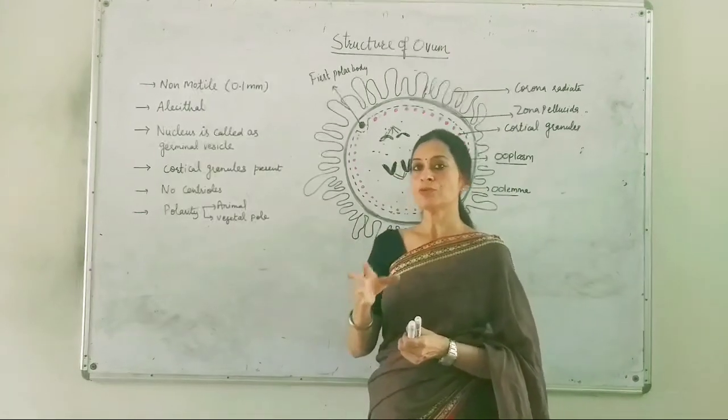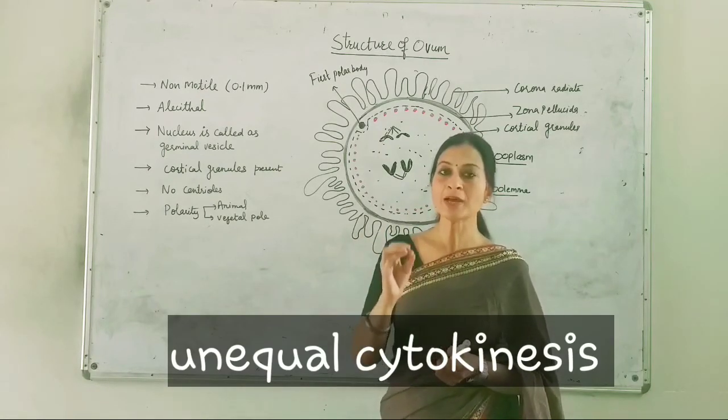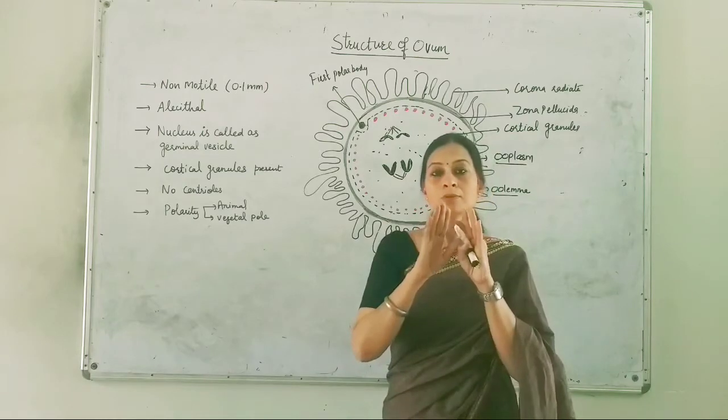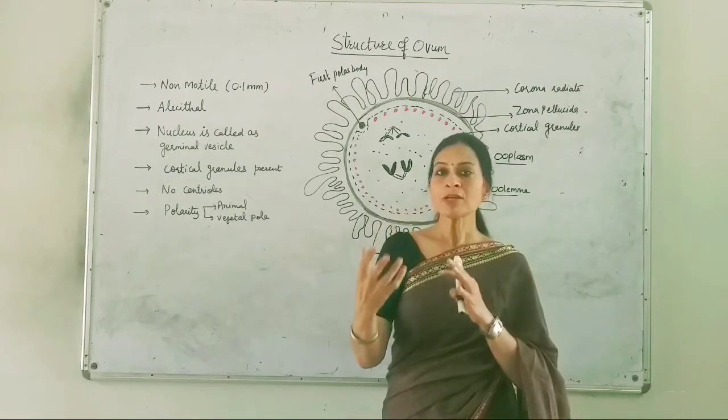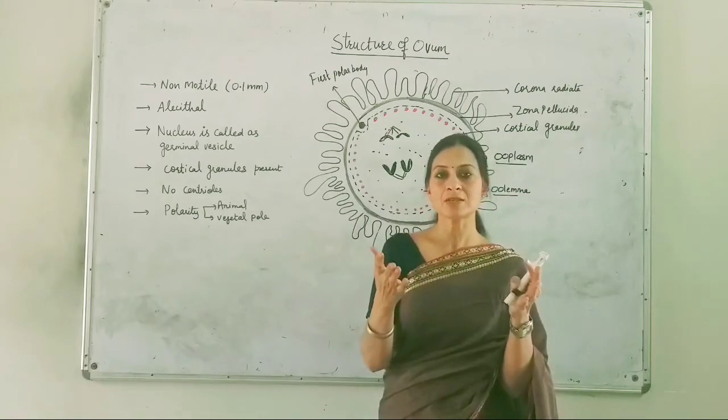So because of unequal cytokinesis, unequal cytoplasmic division, the two cells formed have different sizes.